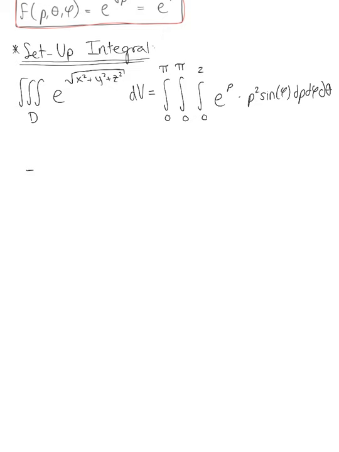So I'm actually going to go right ahead and split this up into 3 separate integrals. My outer bounds are with respect to theta, and the integrand doesn't contain any theta, so our first integral here is just from 0 to pi d theta. And our next integral is with respect to phi, so we want to include sine with this.